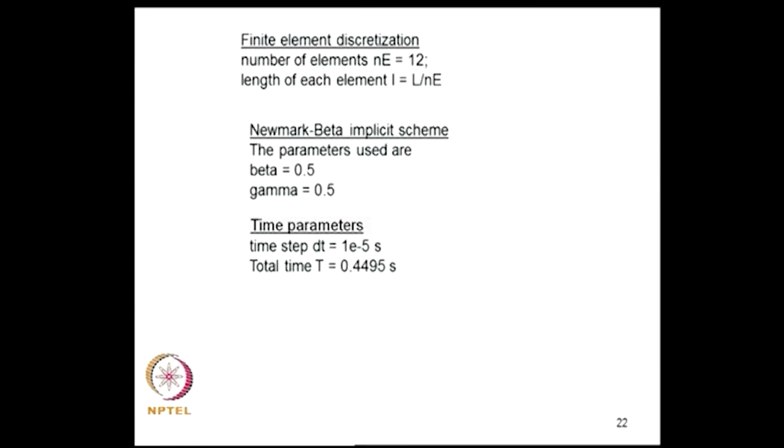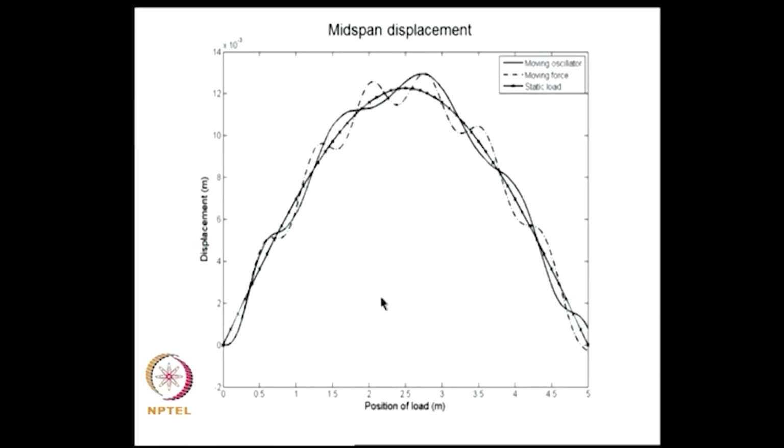It has been discretized with 12 elements, and there are 25 degrees of freedom in this model, and a Newmark beta implicit scheme has been used to integrate, with these details of integration. Some of the results are shown here. This is midspan deflection as a function of the position of the load.